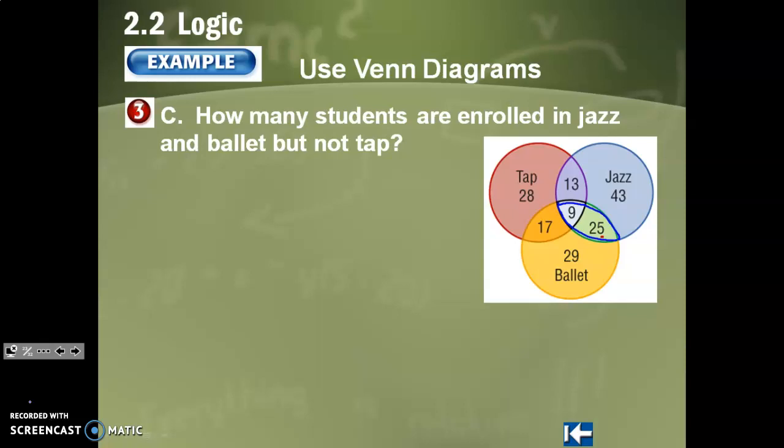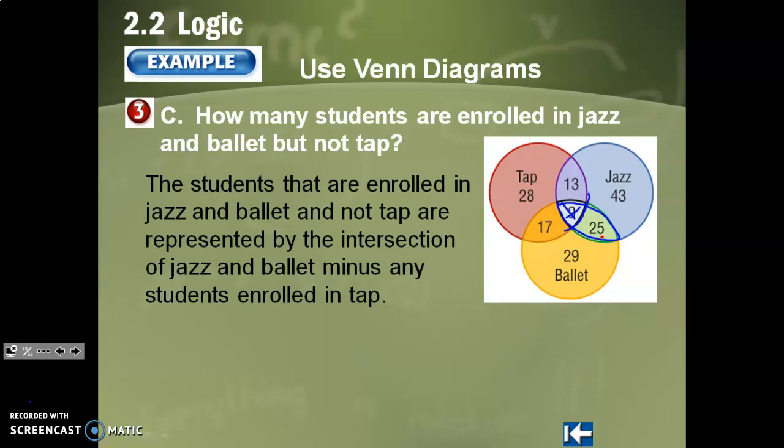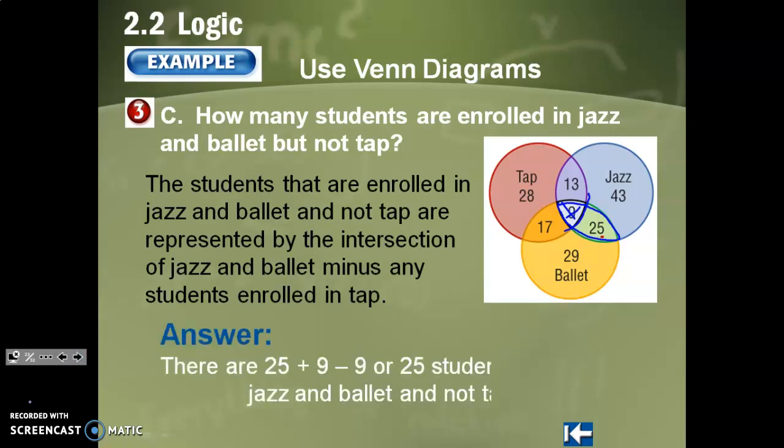But now you add the not tap, where we want to subtract that 9 because we don't want people that are taking tap. So we just want to know how many people are in jazz and ballet, but not tap. It would be the 25. And I think we have it written out as 25 plus 9, and then we minus that 9 to show the but not tap part.